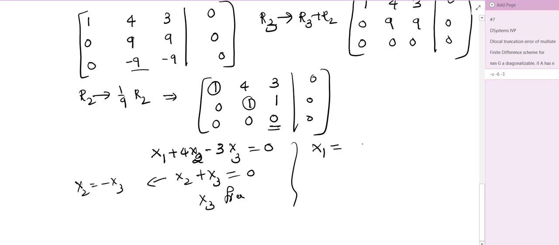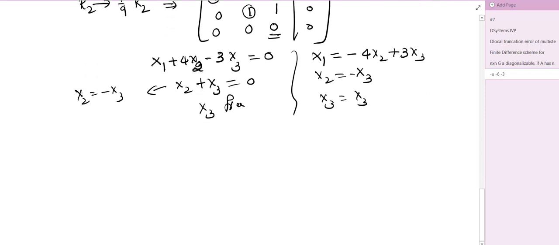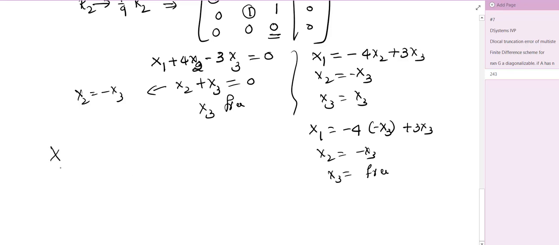This x2 value we can substitute in the first equation. I'll get x1 will be equal to minus 4x2 minus 3x3, and x2 is minus x3 and x3 is x3 only. So I'll get x1 as minus 4 into minus x3 minus 3x3. Write the solution: x is equal to x1, x2, x3.